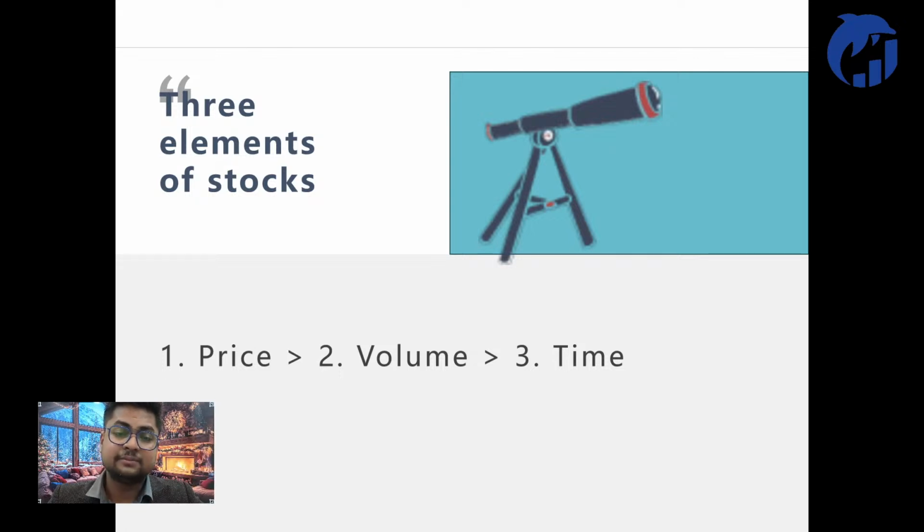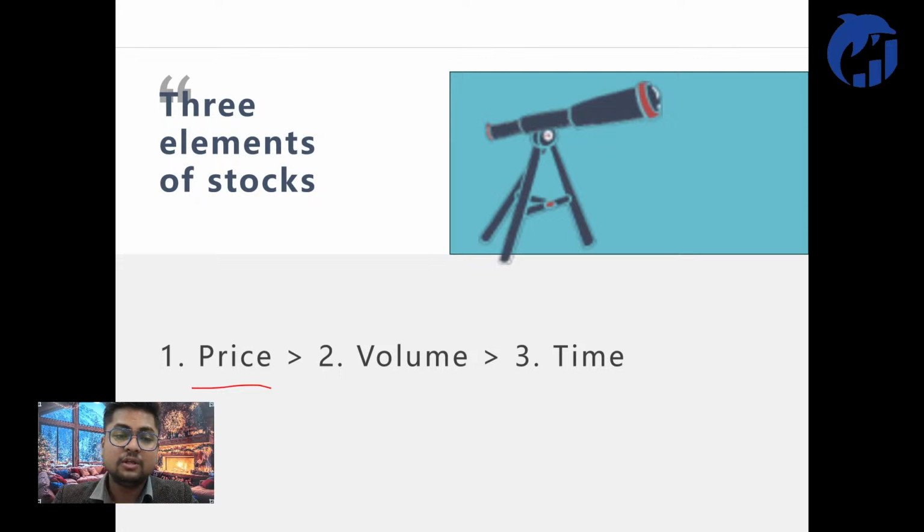The first is the price, which is the most crucial factor to determine entry and exit levels of a stock. Secondly, what do we follow?